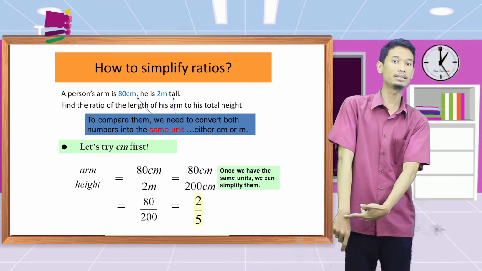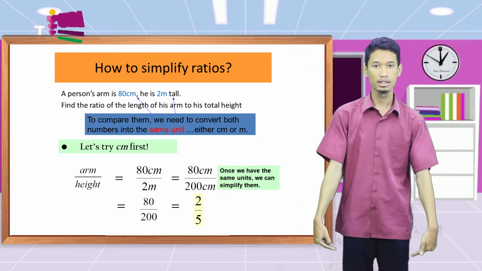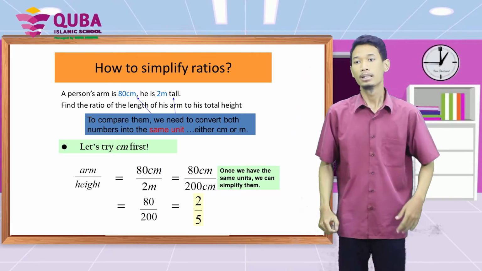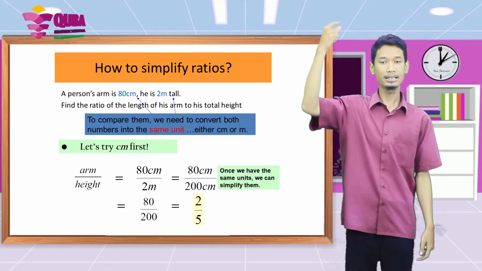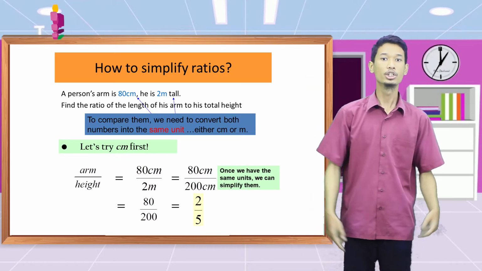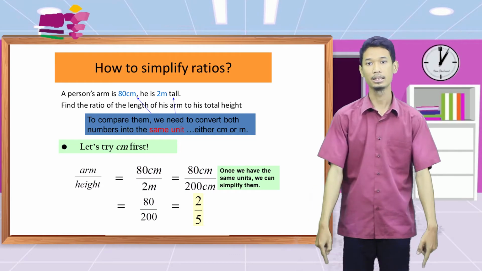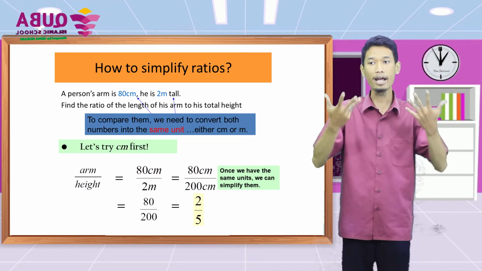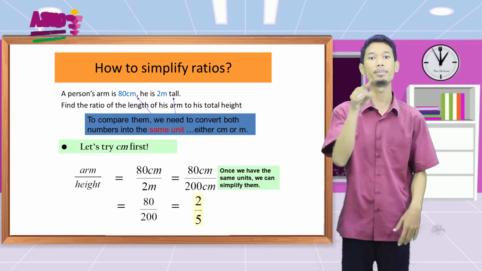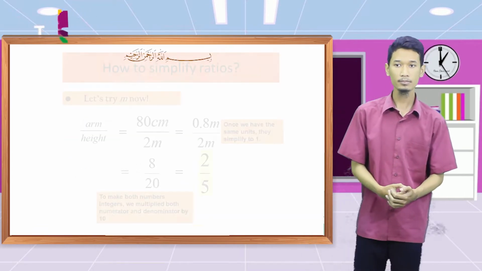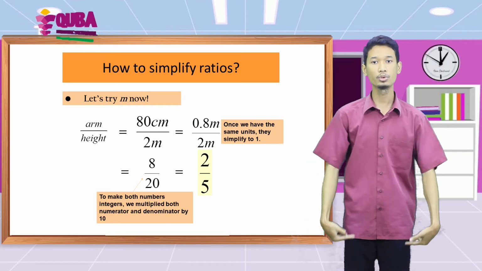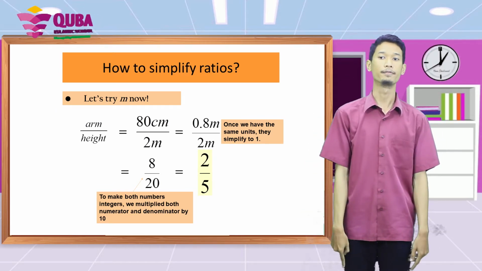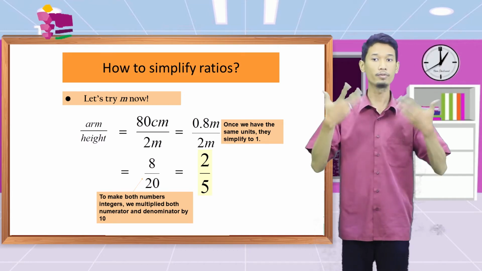Arm is 80 centimeter. Height is 2 meter. Sorry, equals 80 centimeter over 200 centimeter. Multiply by 100. Once we have the same units, we can simplify them. 80 over 200 equals 2 over 5. So we have 2 over 5.